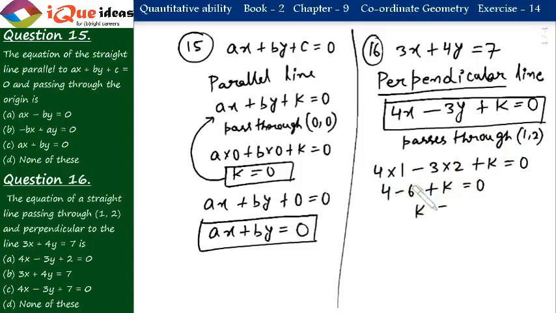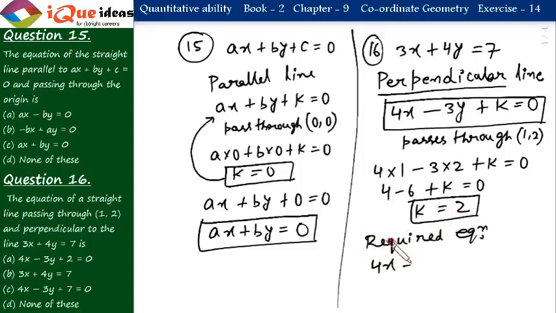So gives us k equal to 2. Alright. Put k in the equation, you will get the required equation to be 4x minus 3y plus 2 equal to 0. So I think the first option seems to be the correct answer. Alright.